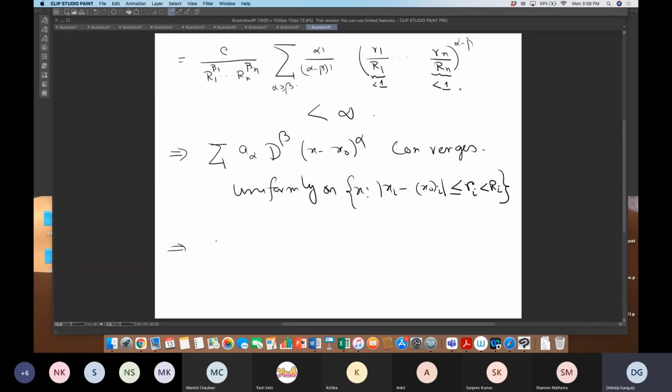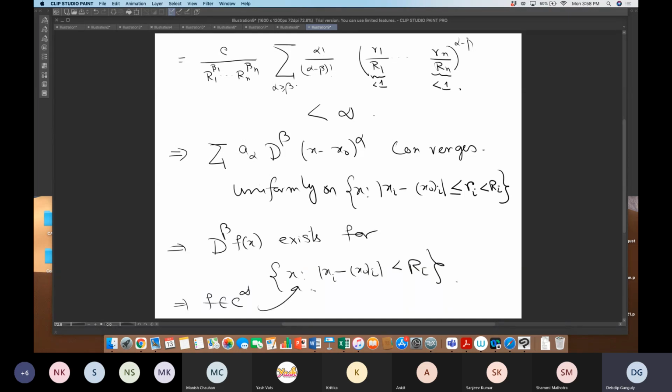And this implies d beta f(x) exists for all x such that xi minus x naught i is less than Ri. This implies f is C infinity in this domain. Clear? The proof is clear?